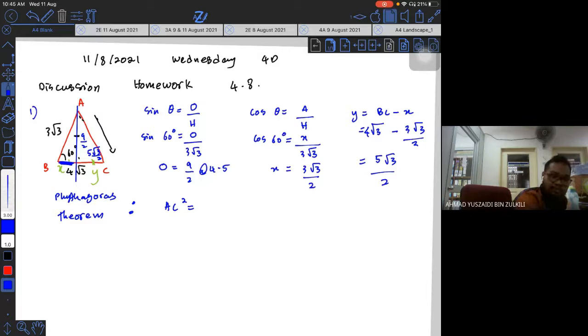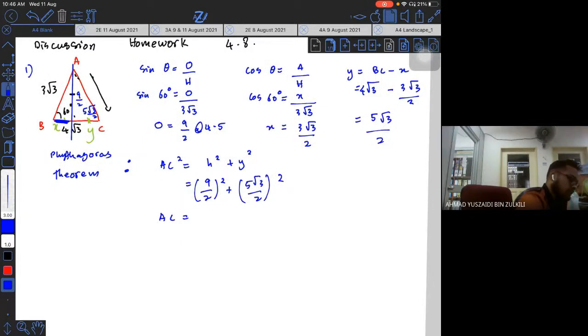H squared plus Y squared. H squared is (9/2) squared, Y squared is (5√3/2) squared. You solve that, what do you get? 39. So AC is equal to √39.